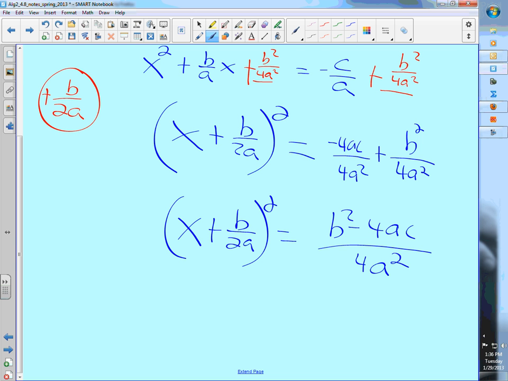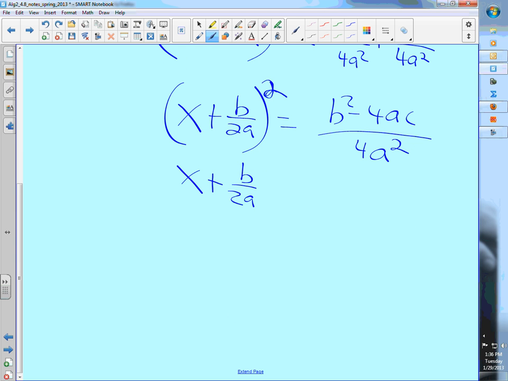So just like we've been doing all along, we're now solving for x. This is squared. So in order to get rid of squaring, we square root. x plus b over 2a is going to equal plus or minus the square root of the right-hand side. We don't need to multiply the bottom.